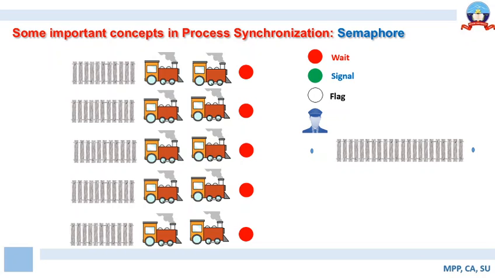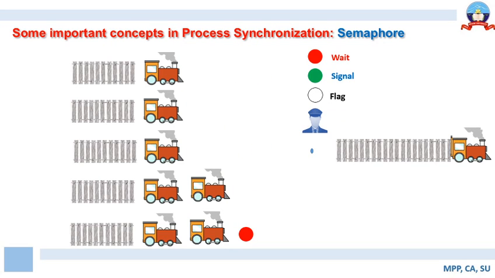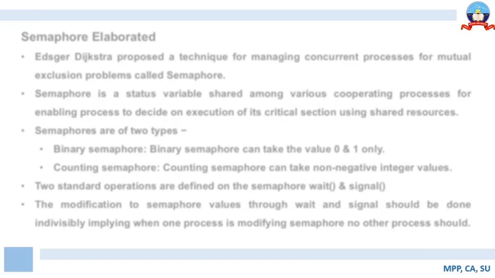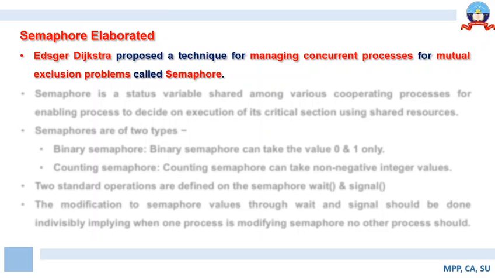Then we have learned about the significance of the wait and signal functions that act on the variable called flag. Then we learned about how it actually performs its operation, or how the coordination takes place. Then we learned about semaphores in greater detail.